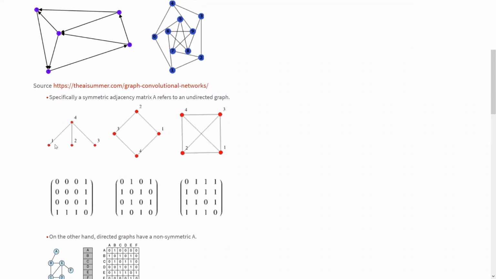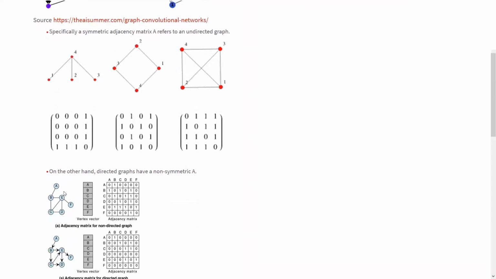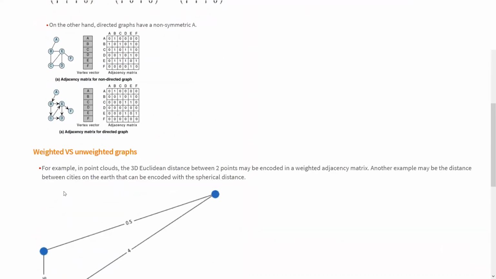For example, there are 4 nodes, and we use each node as a row and column of the matrix. If two nodes are connected, there will be a 1 here. Because it's undirected, this is a symmetric adjacency matrix.